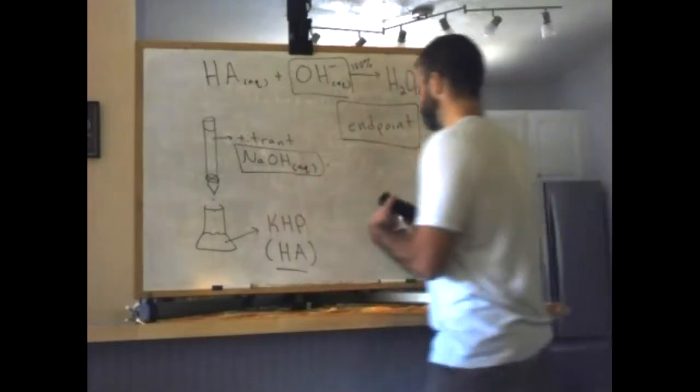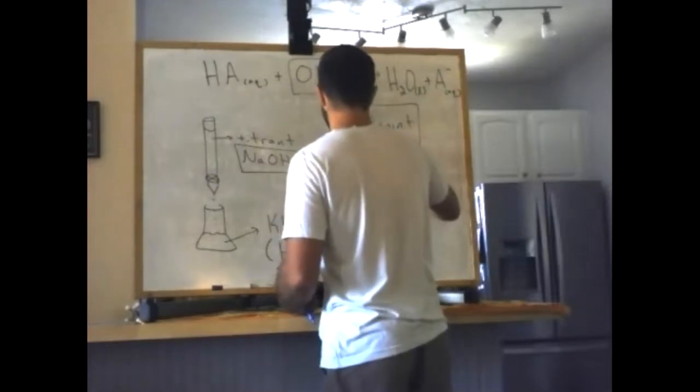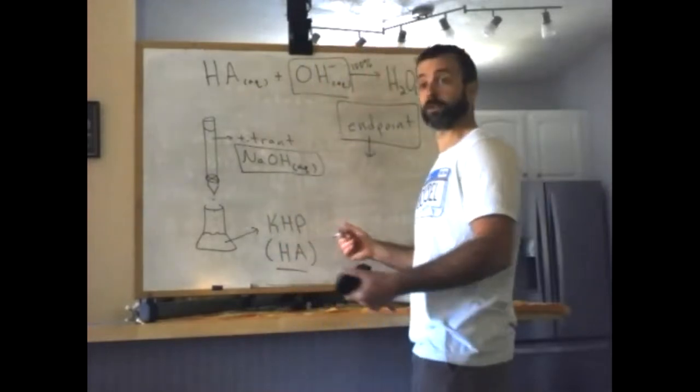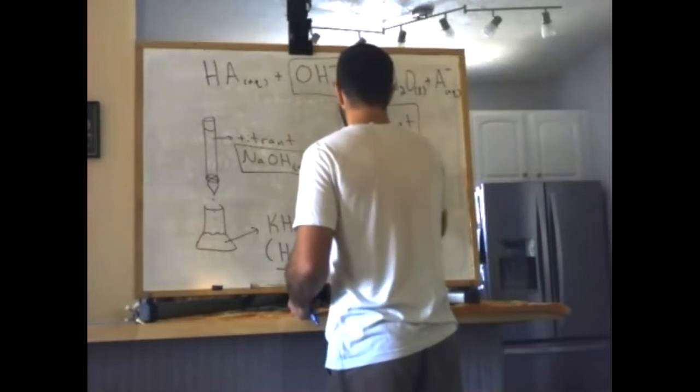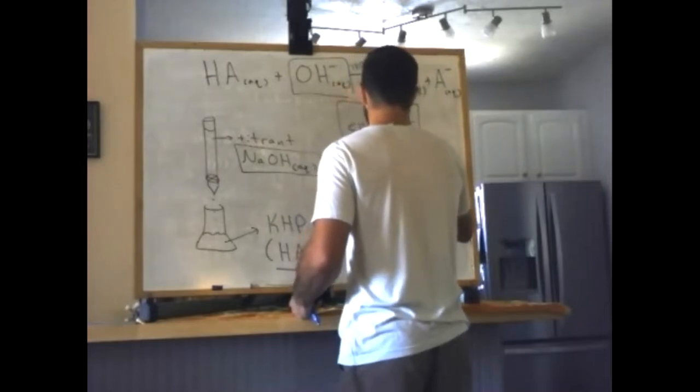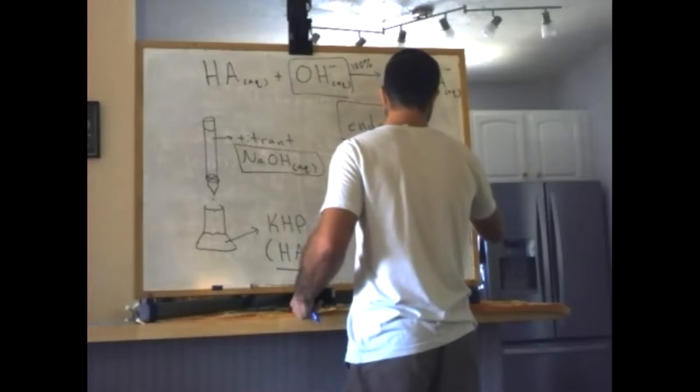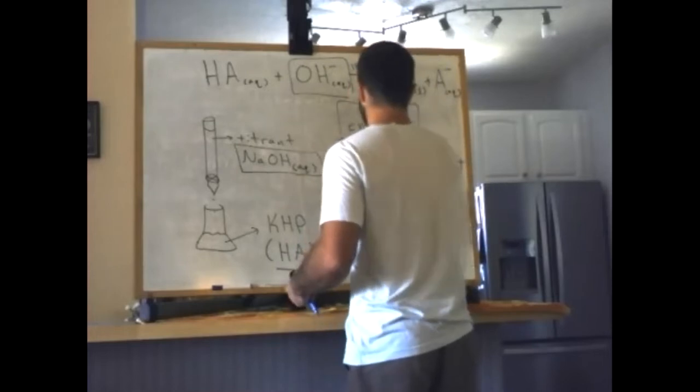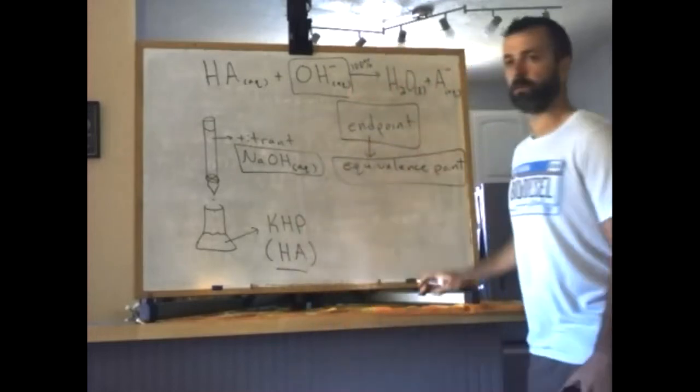Well, our end point is going to be a really good approximation, because we've designed this experiment appropriately, of the equivalence point of this reaction. So the end point is what we measure in the lab.